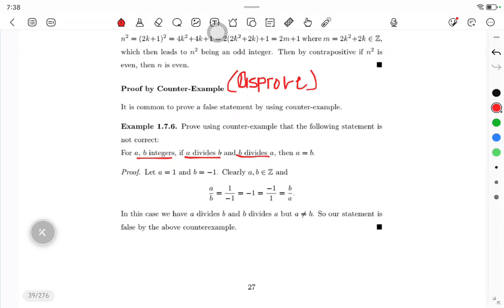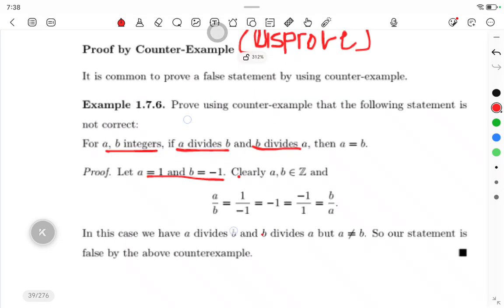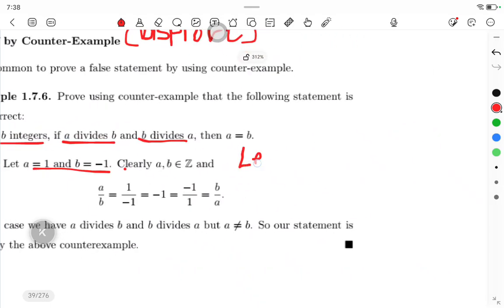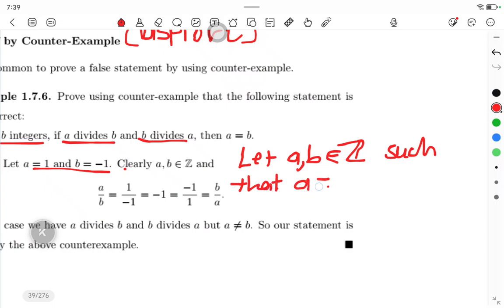So we can let two different numbers, a and b, which are different. Or we can say let a, b be elements of the integers such that a is 1 and b is -1.